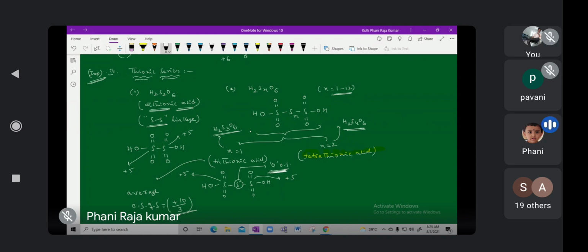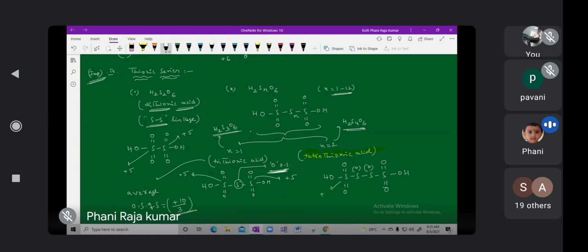Now in tetrathionic acid, HO-S-S-S-S, catenation capacity. Because in 6th group, sulfur has high catenation capacity. That's why it forms SS linkage compounds more effectively. Now here middle sulfurs both 0 oxidation state.